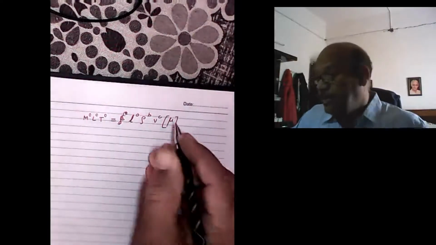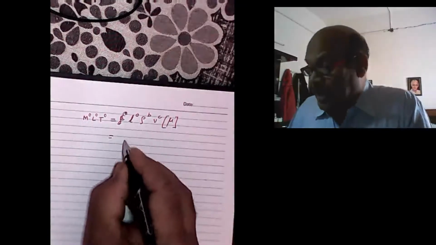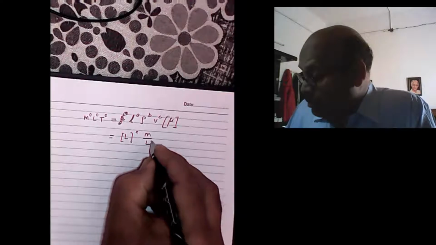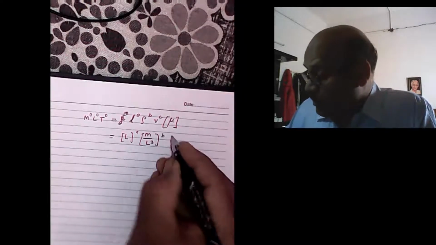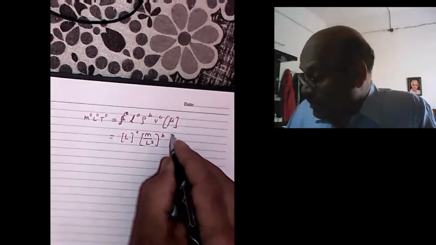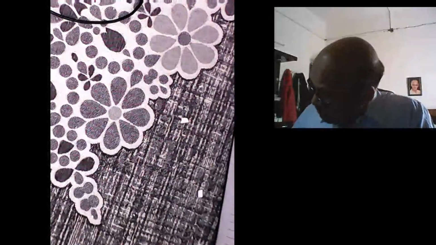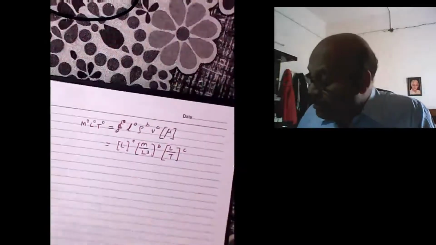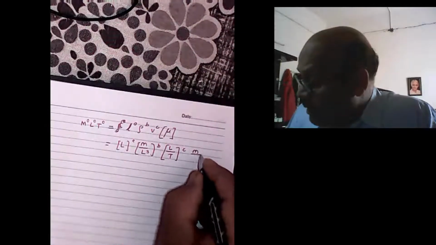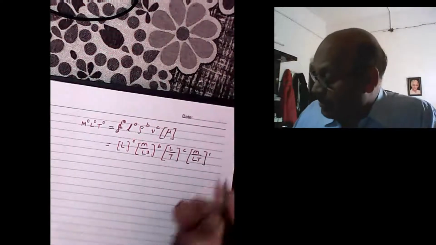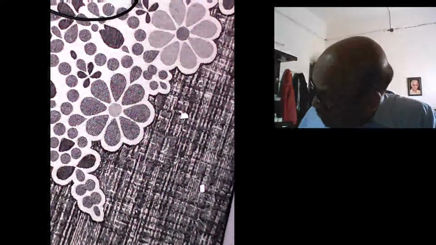Okay, so this is mu. Okay, so let me work out the dimension. L raised to power a, this is M by L cube raised to power b, this is L by T raised to power c. Okay, and mu is M upon LT.